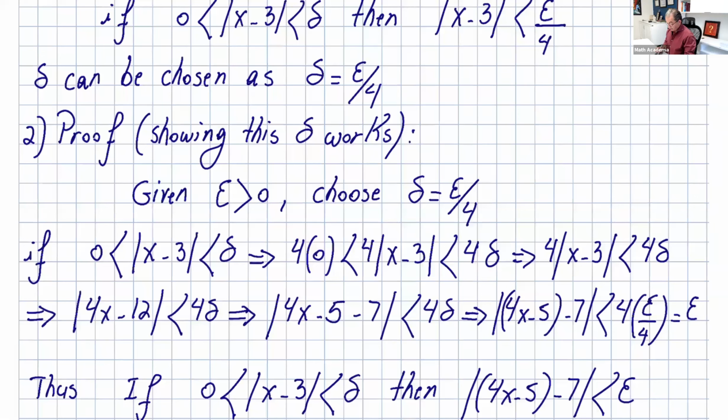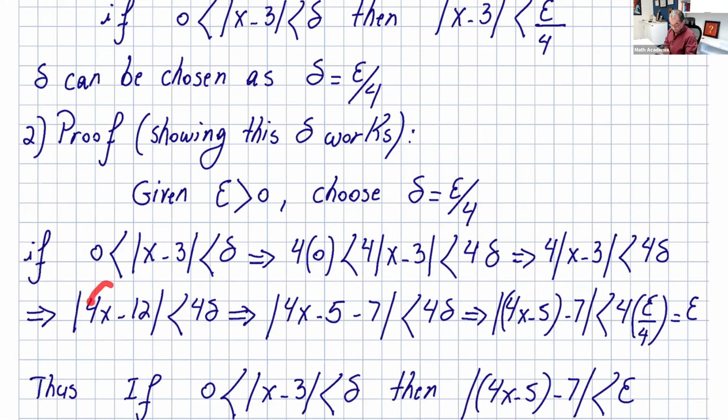But what is this side? 4 times the absolute value of x minus 3 can be written as the absolute value of 4x minus 12, and that's less than 4 times delta.